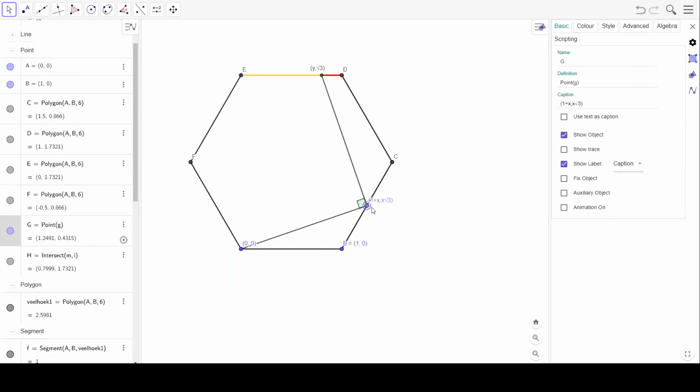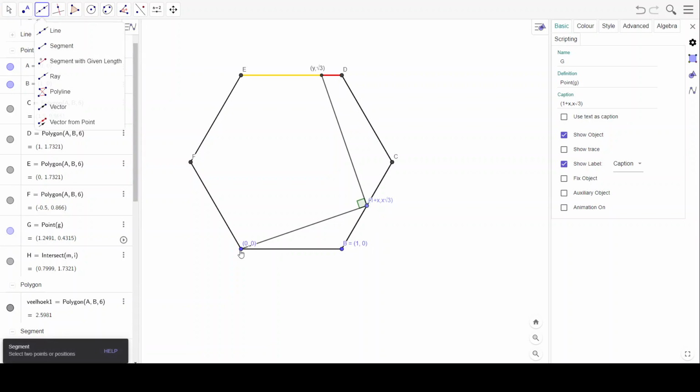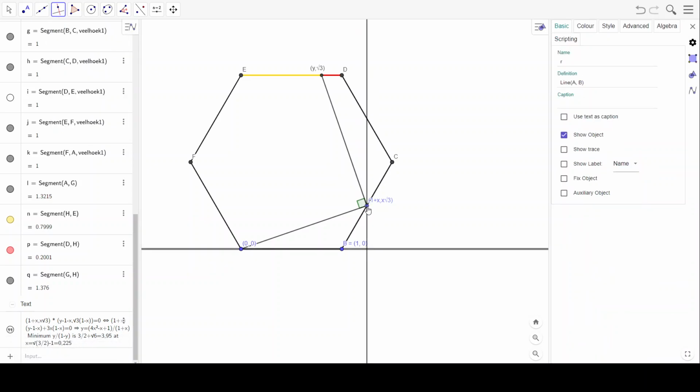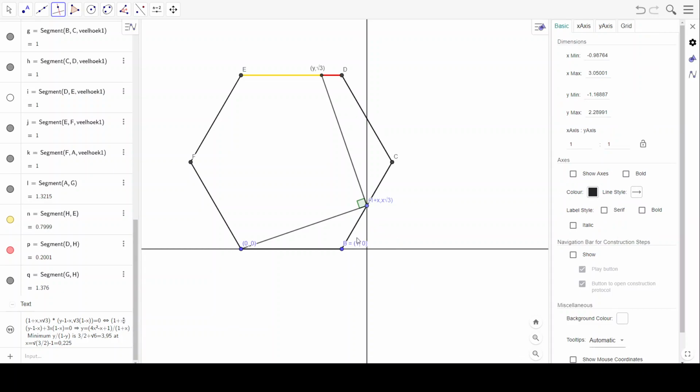The coordinates of this important vertex you can show easily. I extend the x-axis like this, and I drop a perpendicular line here. Then this little triangle is a 30-60-90 triangle with known side proportions.